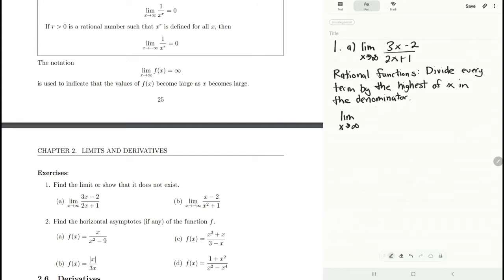So in the numerator we have 3x over x minus 2 divided by x, all over 2x over x plus 1 divided by x.